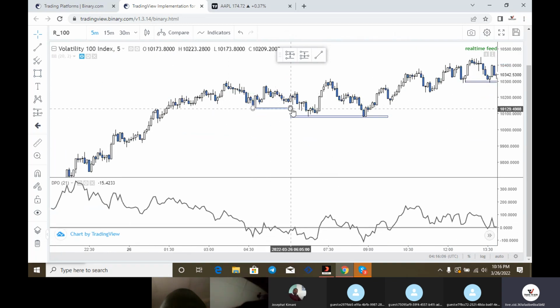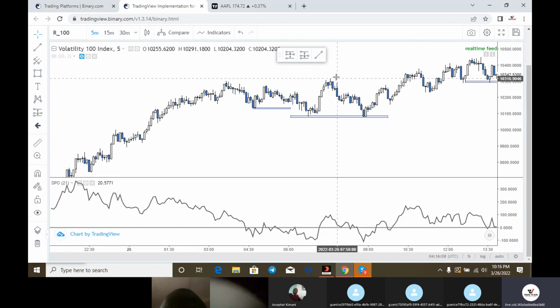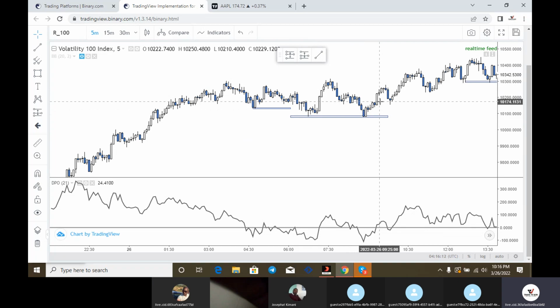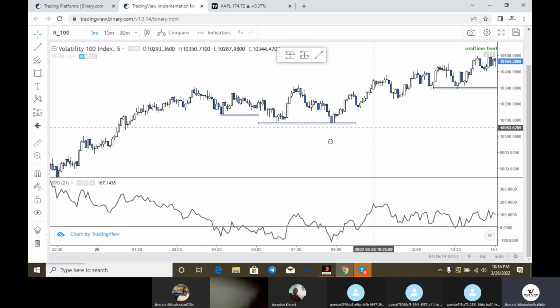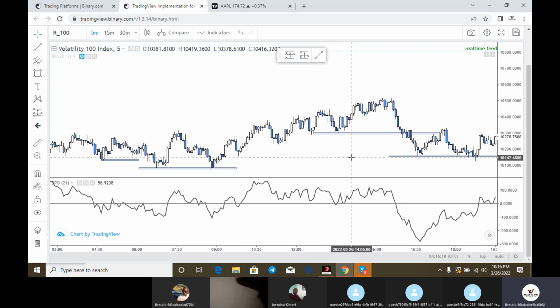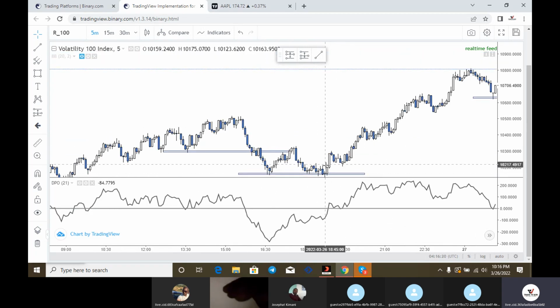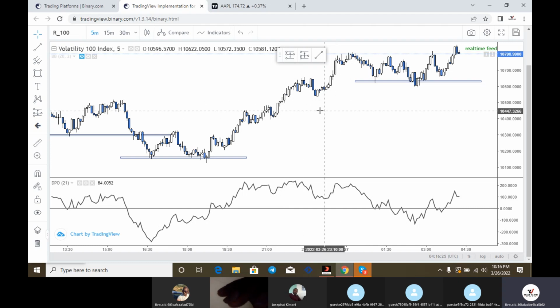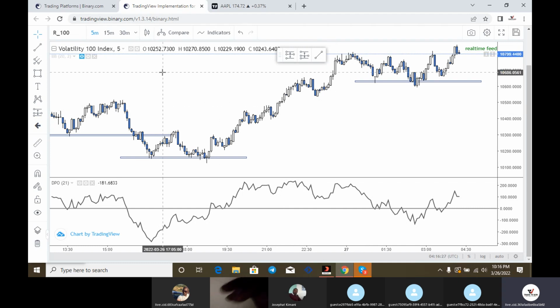This particular level was broken. Now look at this particular level. You can see how price came back to it, reacted, and boom, went upwards. Look at this level, previous level, and how price reacted. Look at this level, you can see how price reacted and all that. So it's just little secrets added to the Bollinger Band, combining it with price action.